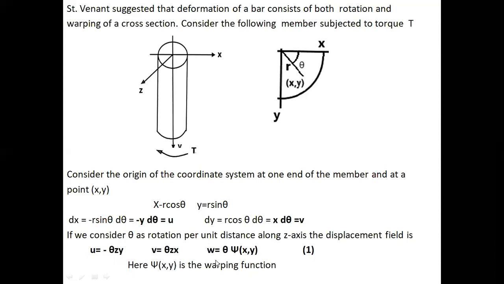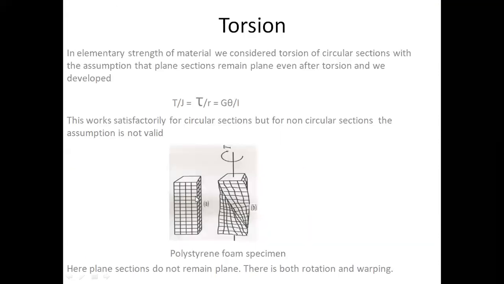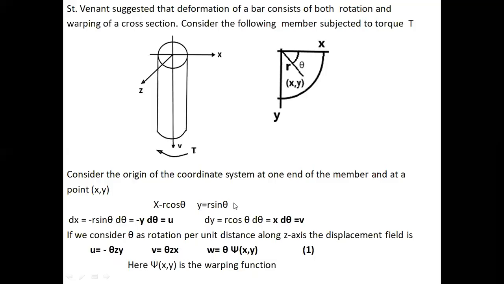And now comes the w. W is the displacement in the z direction. Now this gives the warping, because if you go back to this figure, you can see that the parallel lines on the left hand side are becoming wavy, and that is warping, and that is given here mathematically by a function called the warping function.